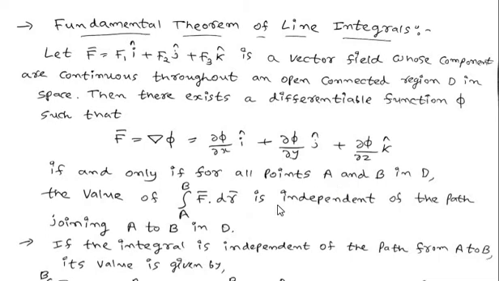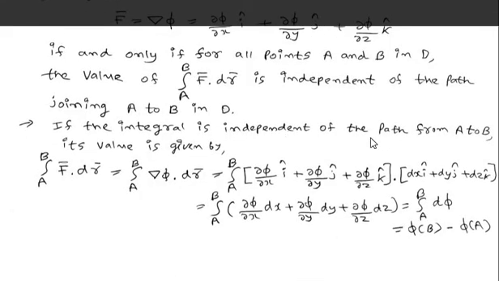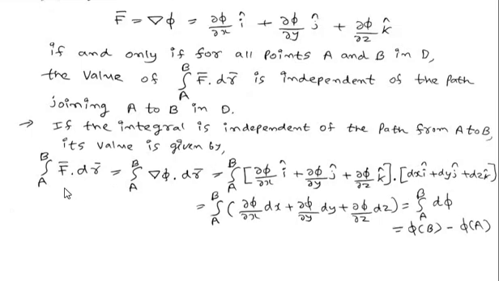I will take one example to explain this result. If the integral is independent of the path from A to B, then its value is given by this: the integration from A to B of f bar dot dr bar equals the integration from A to B of nabla phi dot dr bar, and nabla phi is del phi by del x i cap plus del phi by del y j cap plus del phi by del z k cap, dot dr bar, which is dx i plus dy j plus dz k.